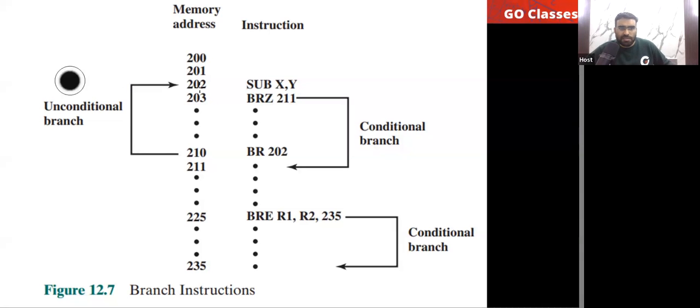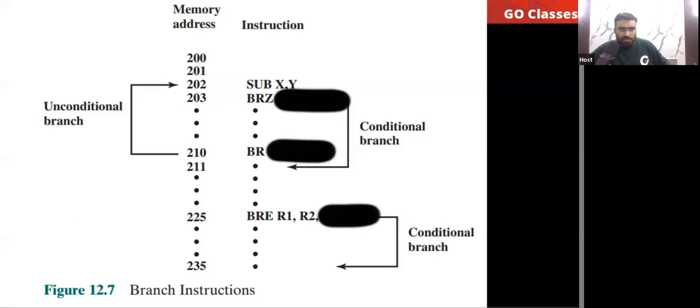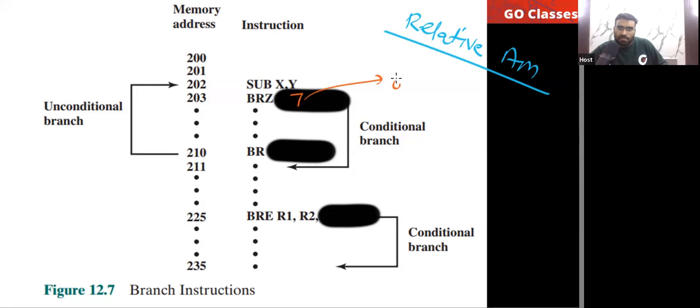One code is using the direct addressing, and another code is using the PC relative, this relative addressing mode. In the relative addressing mode, what were these values? This was offset 7, this was -9 and this was 9. Yes or no?